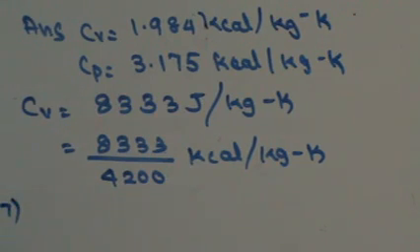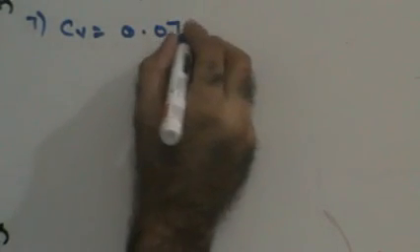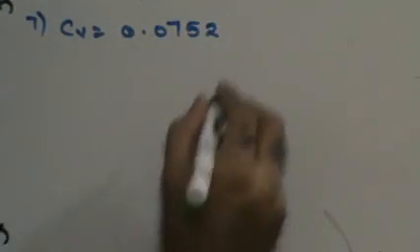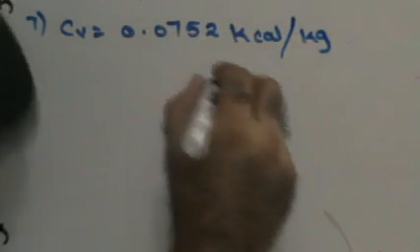Next, take down next sum please. The specific heat of argon, at constant volume, is 0.0752 kilocalorie per kg Kelvin.